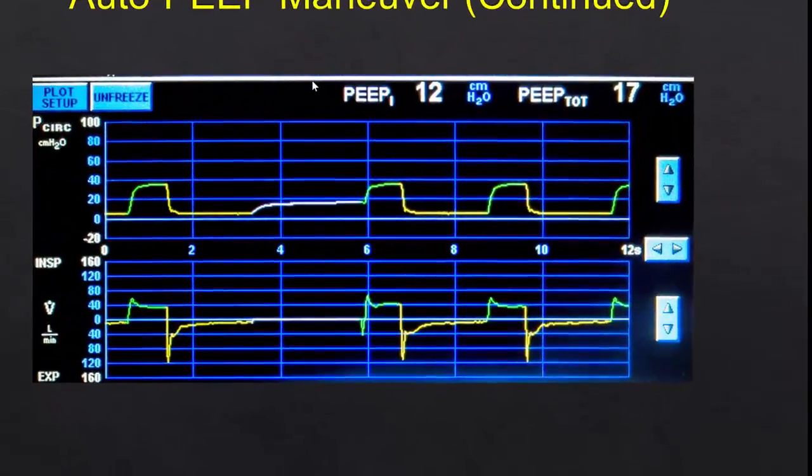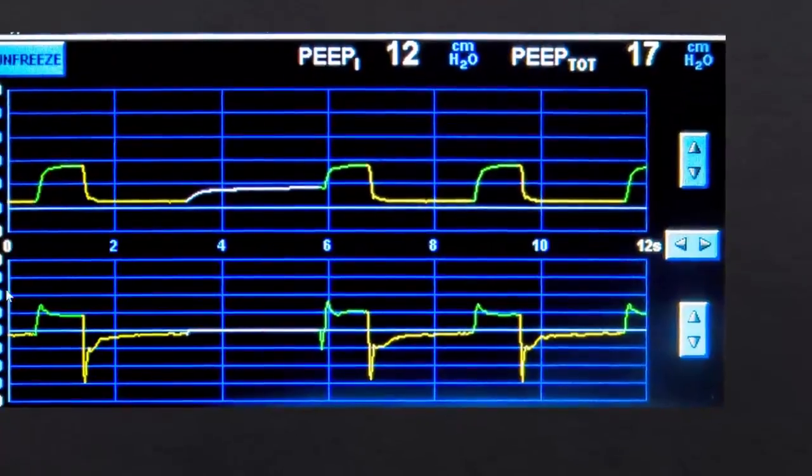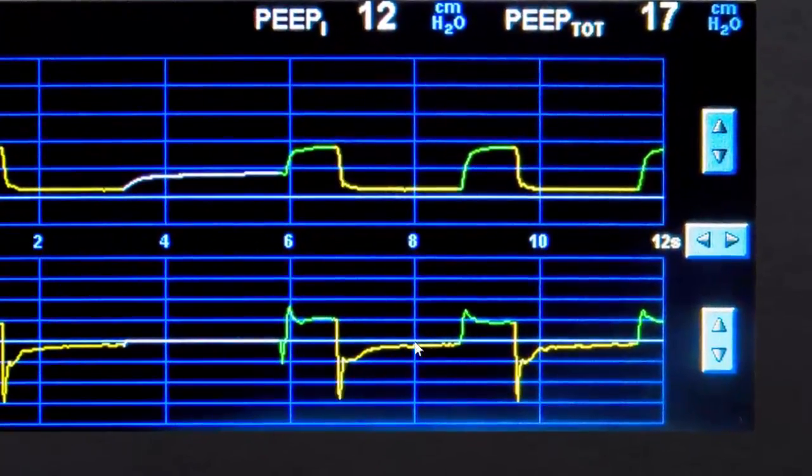So this isn't just theoretical. We do these on the ventilator all the time. Here's a patient who has expiratory flow still present at end expiration. And although the PEEP is 5, we suspected there was auto-PEEP. So we put an end expiratory freeze or hold, an auto-PEEP maneuver on.